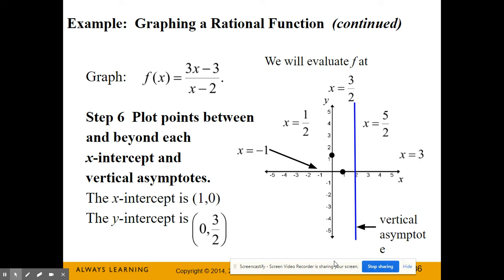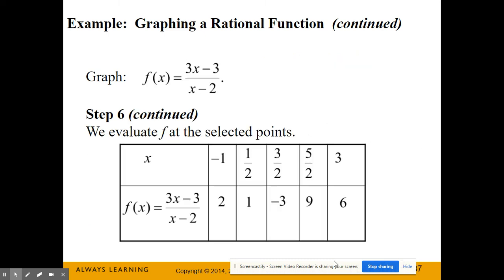We're going to pick x equals 1 because it's over here. We're going to pick x equals 1/2 because it's in between where we have some intercepts. We're going to pick x equals 3 halves, 1.5, because it's in between the intercept and the asymptote. And then we're going to pick x equals 2.5. They actually are picking 2.5 and 3. So again, you're just selecting points that are in between the information that you already found.